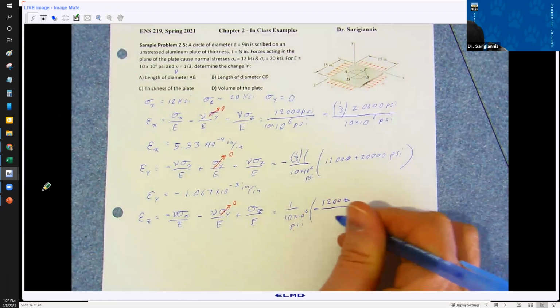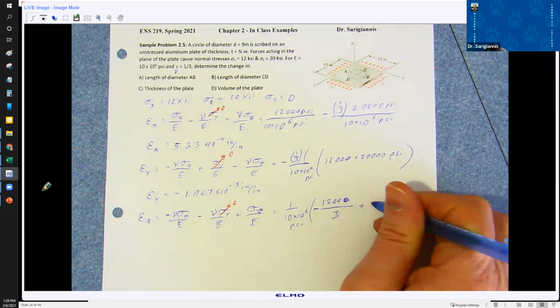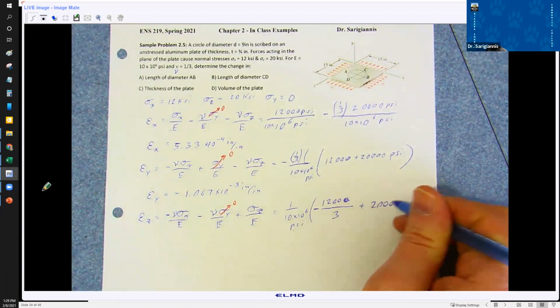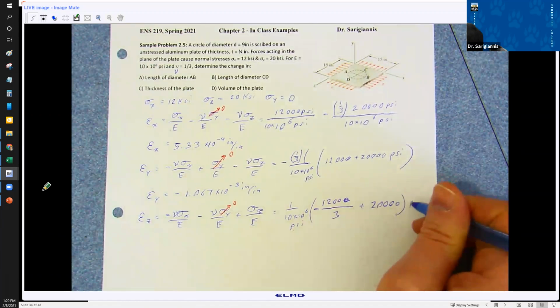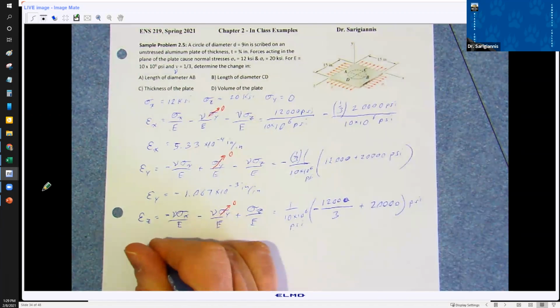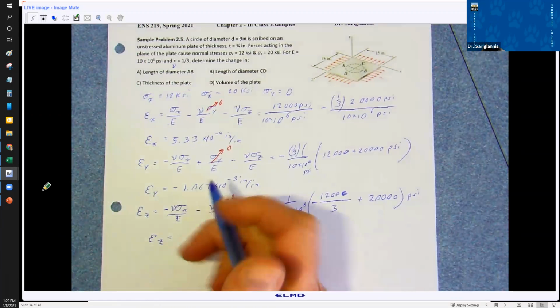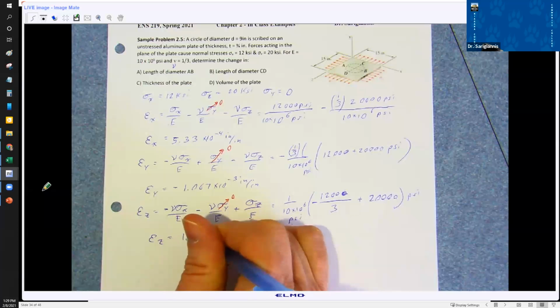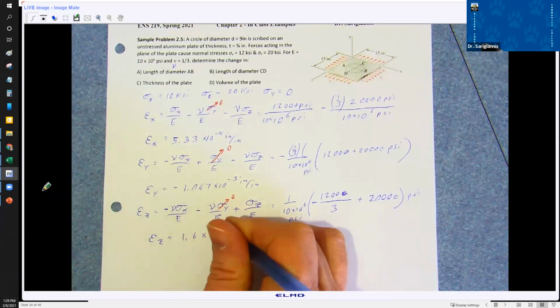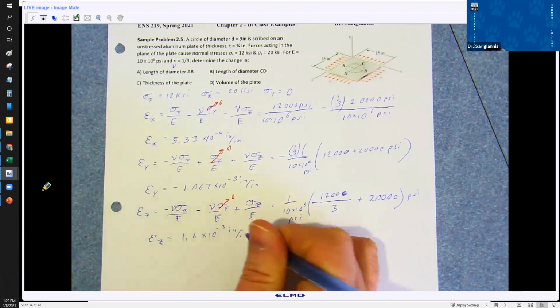I'm going to leave that in there. 20,000 psi. The psi's cancel. You wind up with the strain in the z direction being 1.6 times 10 to the minus third inch per inch.